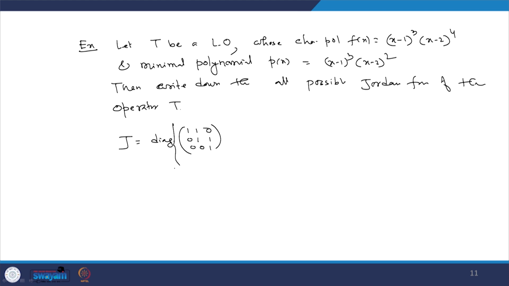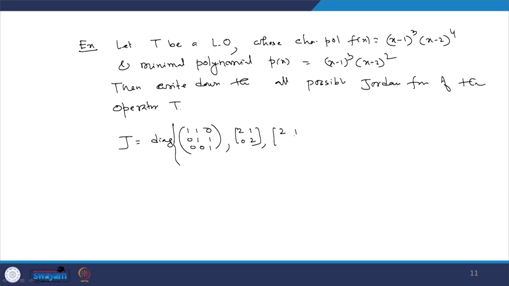This entry is associated to the eigenvalue 1. Then the second entry is associated to the eigenvalue lambda equal to 2. At least one Jordan block will be of order 2, which I can write as 2 1, 0 2. The other blocks may be of order 2 as well as order 1, because 2 plus 2 is equal to 4, that is the algebraic multiplicity of the eigenvalue 2.